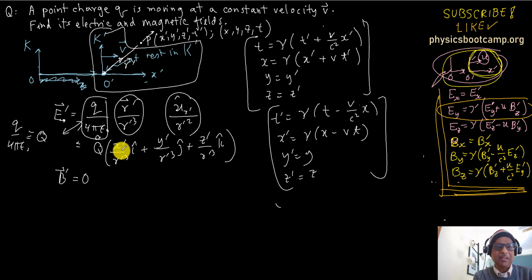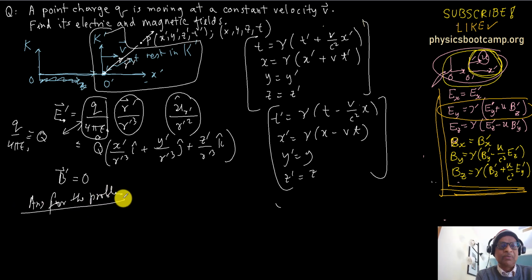So you can see x prime is that. We can actually read from here what the answer will be. So the answer for the problem will be what happens in this frame, right? It will be moving at speed v.